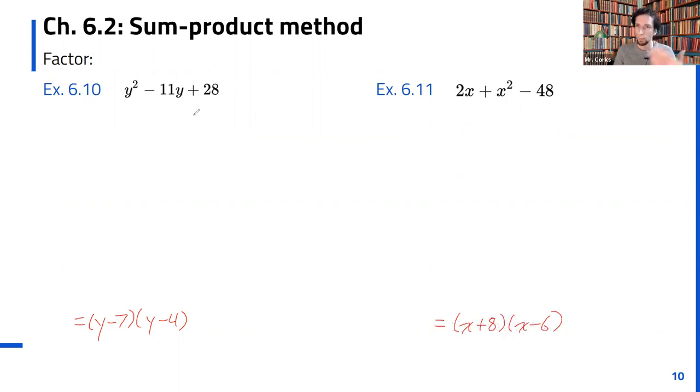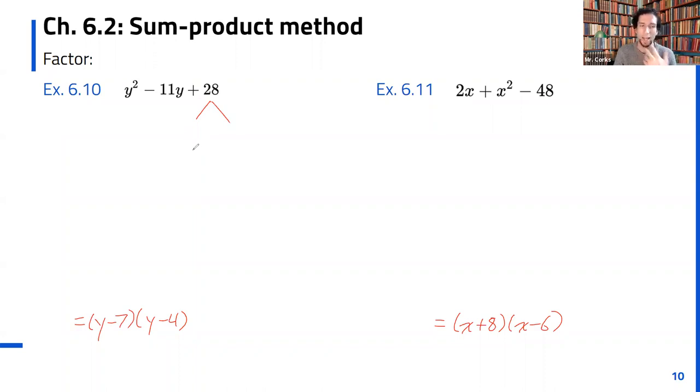Okay, so same idea, sum product. We notice first of all that the one on the left is positive. So that means the two things we're looking for, the two factors, the m and the n value, will be the same sign, because if they're multiplying together and the result is positive, they must be the same sign. But the b value here is negative, so they both must be negative values. So 28, we're looking for factors of 28 here.